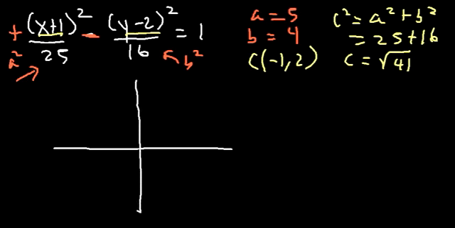So let's plot the center first. It's at -1, 2, so it's over here. Now, a is under the x variable, so we need to go 5 units to the left and 5 units to the right.